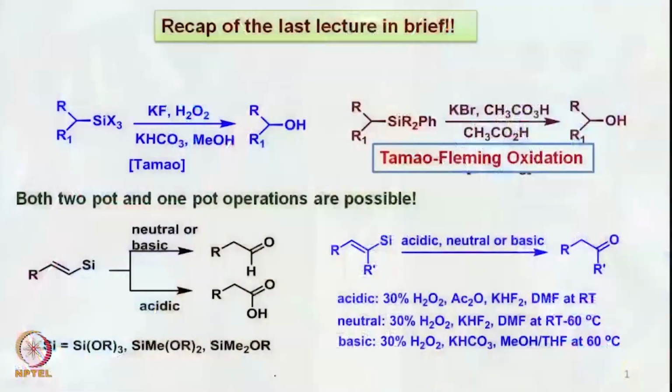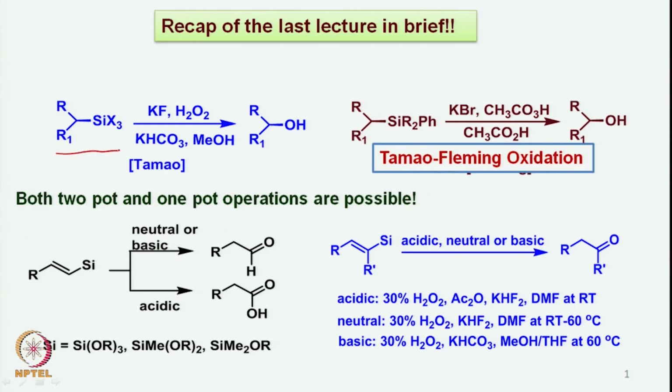I hope that you had the chance to go through the last lecture, and we will briefly look at what we did last time before we start a new topic today. In the last lecture we had discussed Tamao-Fleming oxidation, which is basically a conversion of the chiral, or even achiral, but chiral is more important.